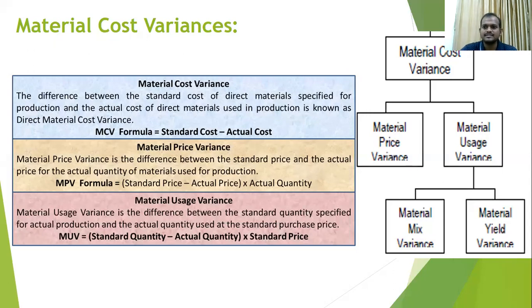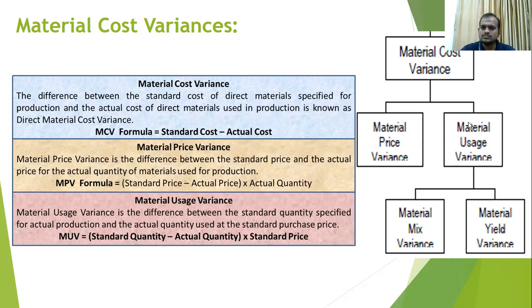So the difference is the variance. It is a combination of material price variance and material usage variance. If we combine both the price and usage variances, we'll get total material cost variances.